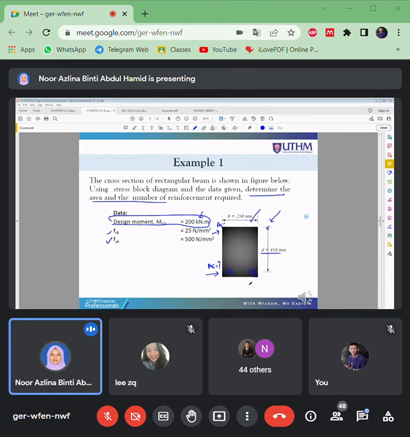Remember from our previous lecture, the cover relates to the concrete cover. So from the full depth, you minus the concrete cover and then minus the half diameter of the bar, then you will get the d value, the effective depth of the beam.